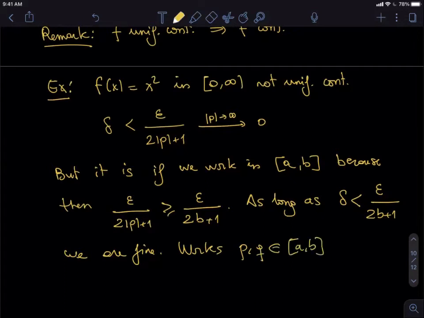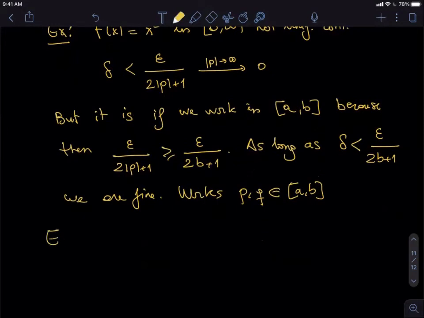So what I'm trying to say here is that uniform continuity depends on the function, but it also depends on where we are working. And if you noticed, here [a, b] is a closed interval. I did that on purpose because closed intervals in R are compact sets, and that is the important property.